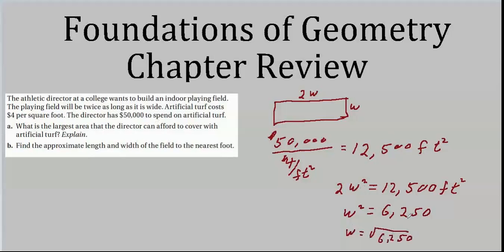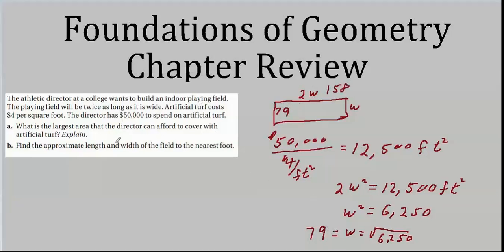I'm not sure. Well, my calculator says the square root of 6,250 is 79. I'm going to assume my calculator's right. Find the width and length to the nearest foot. Well, that means the width is 79. And this, let's see, 160 minus 2 would be 158, right? Isn't that what 2 times 79 would be?